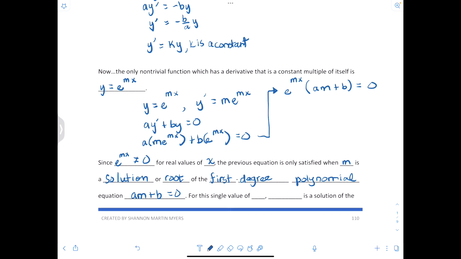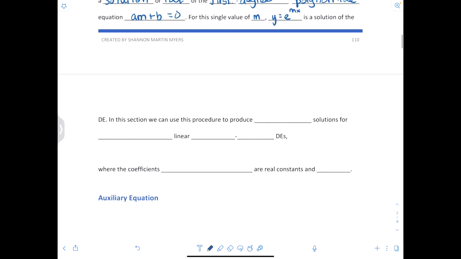Because of the zero product property, either e to the mx would be 0 or am plus b would be 0. And since e to the m times x is non-zero, then am plus b must be the factor that is 0. So for this single value of m, y equal to e raised to the mx is a solution of the differential equation.